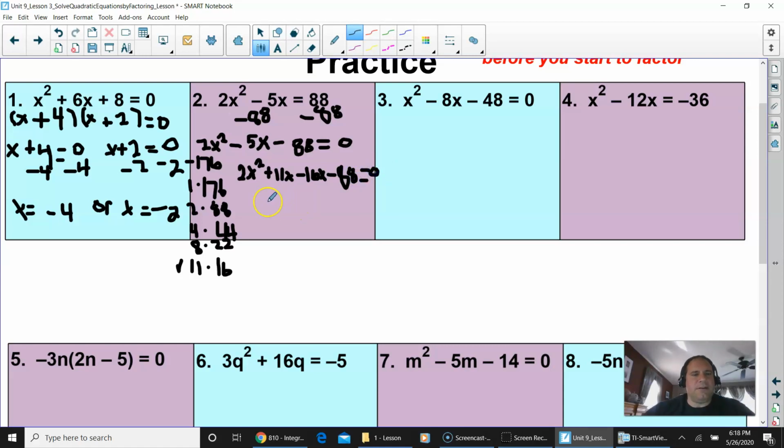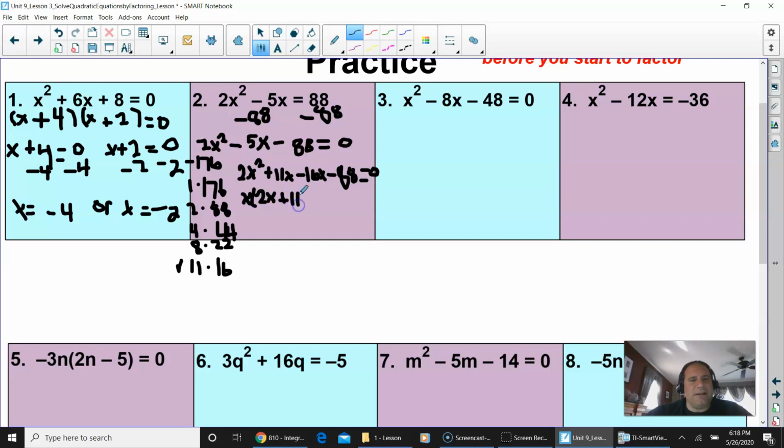All right, a lot to write here. So, the greatest common factor of the first 2 terms is not 2. But you can put x because that is a greatest common factor between 2x squared and 11x. So that is x. X times what equals 2x squared? X times 2x. X times what equals 11x?